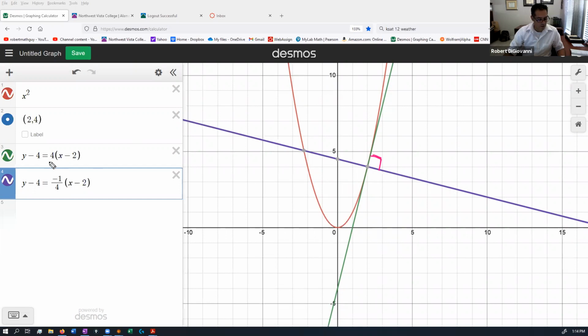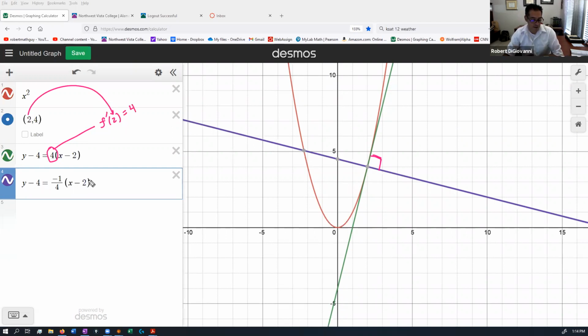So look at my answers here. When I did this, this is basically me using the formula y minus y1 equals m times x minus x1. This 4 right here is what I got when I took the derivative of this function and figured out the derivative's value at 2, using 2 because 2 is x. I got 4 as my answer.